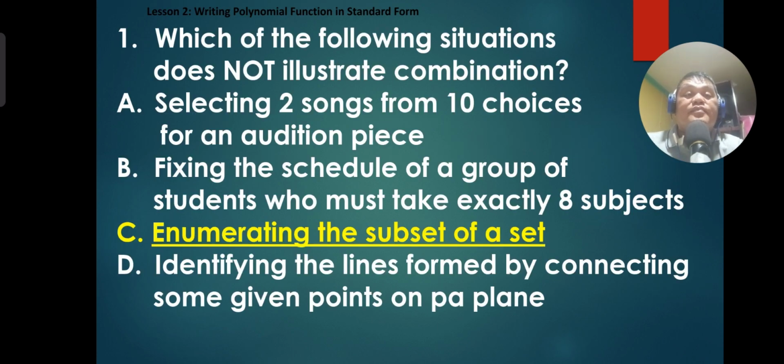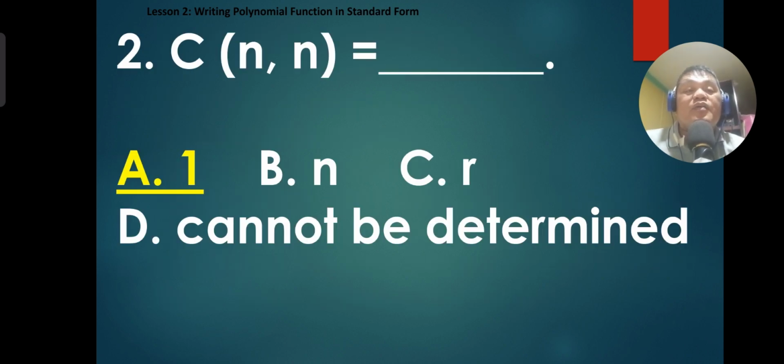We have number 1. Which of the following situations does not illustrate combination? So our possible answer here is letter C, enumerating the subset of a set. We have number 2.